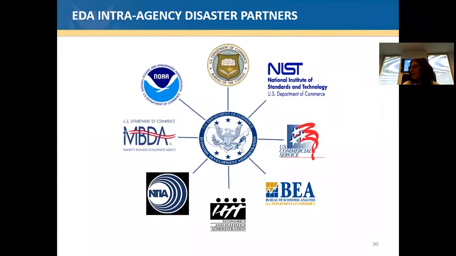I also wanted to call out some of our sister bureaus here at Department of Commerce. You might recognize some of these logos, and it's quite amazing that we have such a variety of bureaus under the DOC umbrella. Several of these bureaus provide resources and technical assistance in issues related to disaster recovery and resilience.